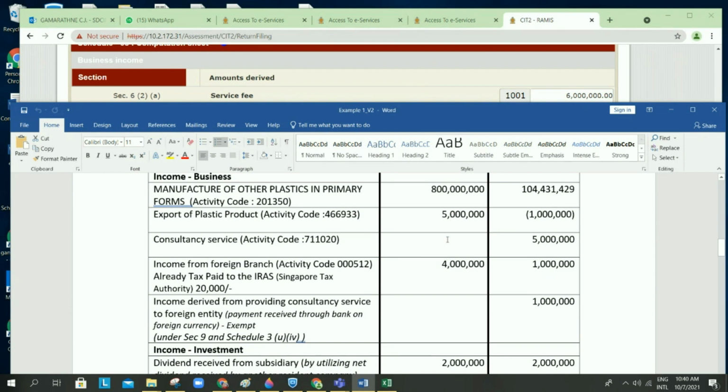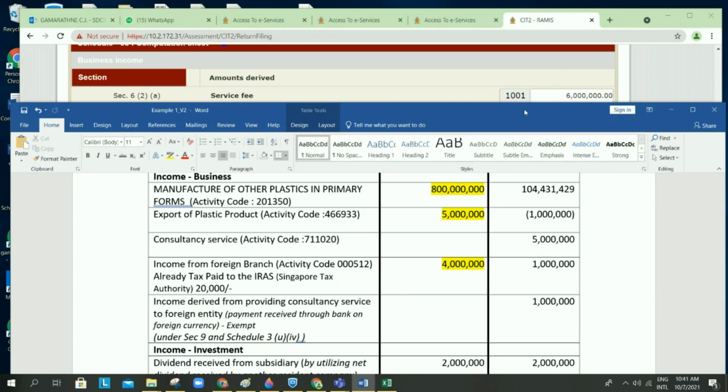Under this first point, we just mentioned the turnovers and the profit, right? By using the turnovers, we try to identify what income is related to this particular company, right? This one, manufacturing of plastic, is the amount they would receive as consideration for the trading stocks, due to sales, right?